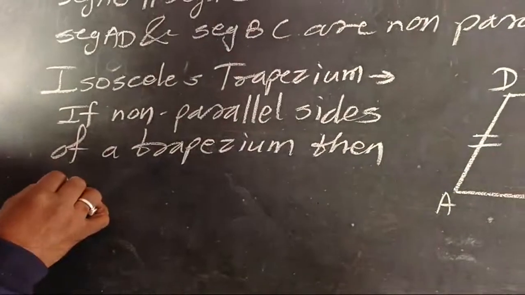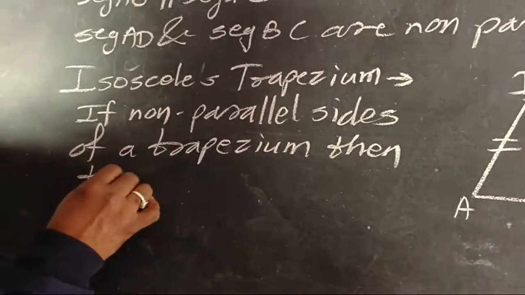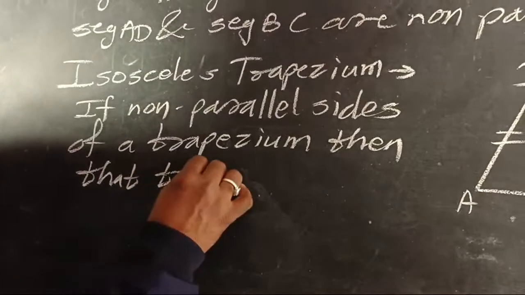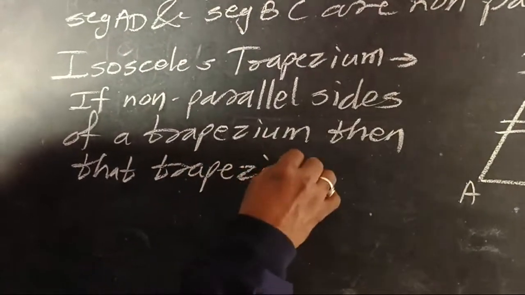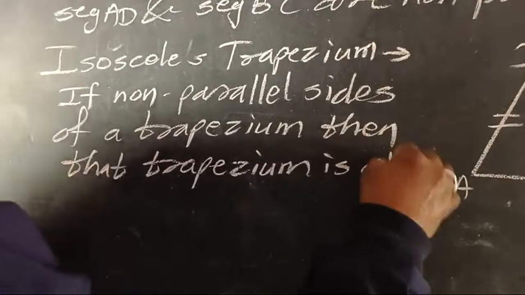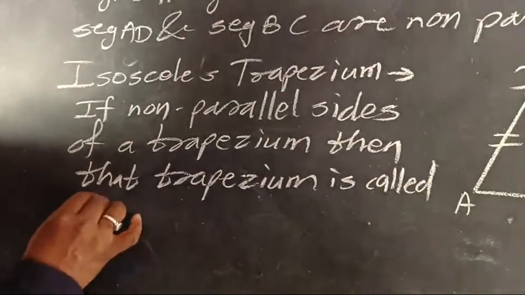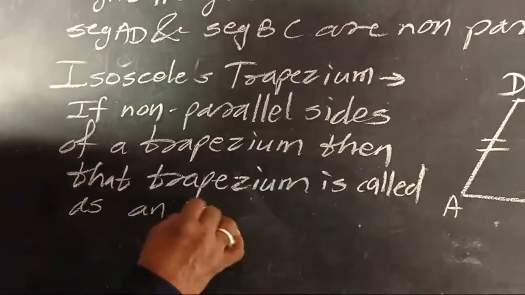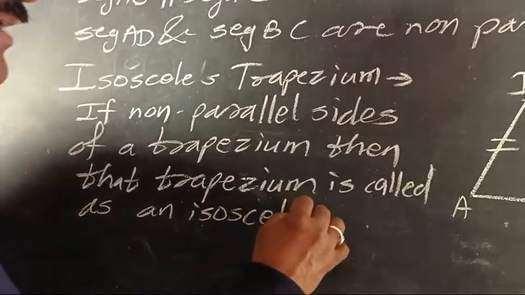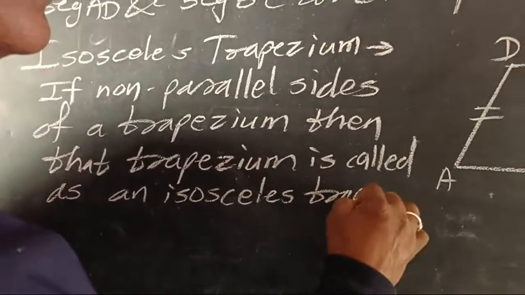Then that trapezium is called an isosceles trapezium.